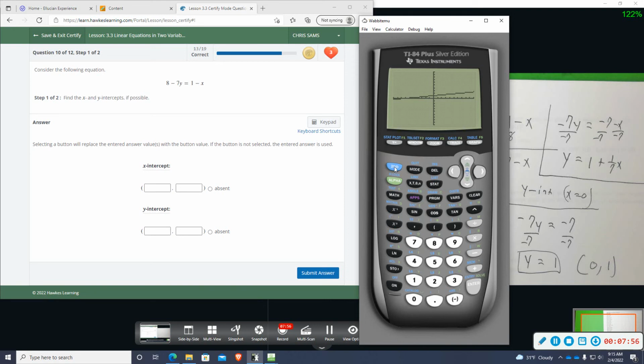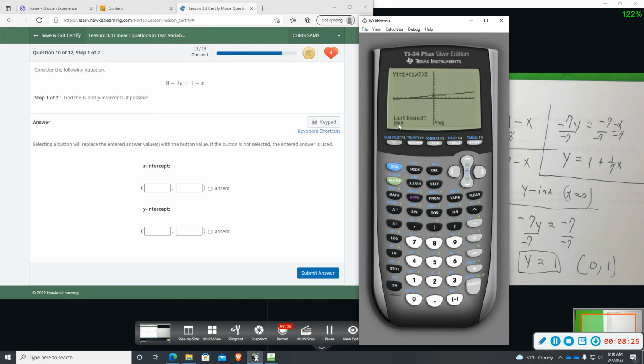I'm going to do second and this trace button for calculate. That word CALC, which means calculate, is in blue. Anytime you want to access those blue words, you have to hit second first. You can tell when you hit second, you have that upper arrow, which means it's looking at the upper function. Okay, so I'm going to hit second trace, and then I'm going to put 0. So when I do 0, it's going to give me when y is 0.